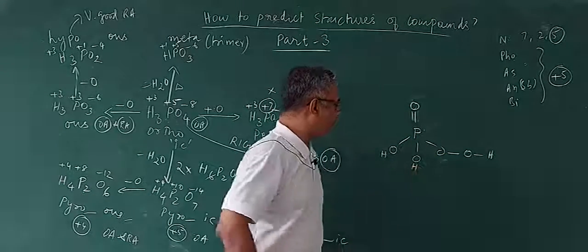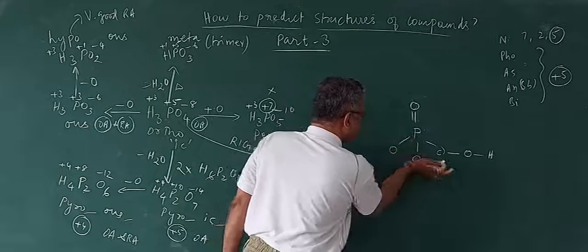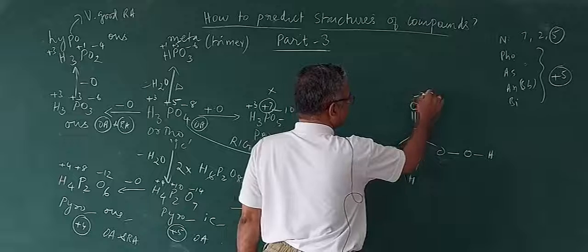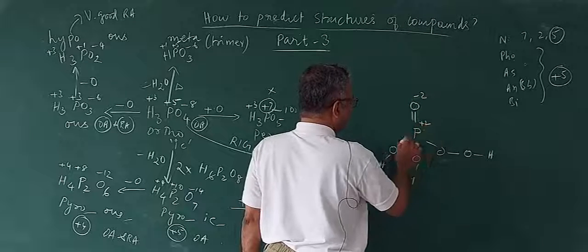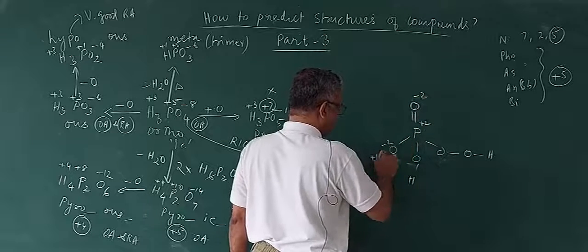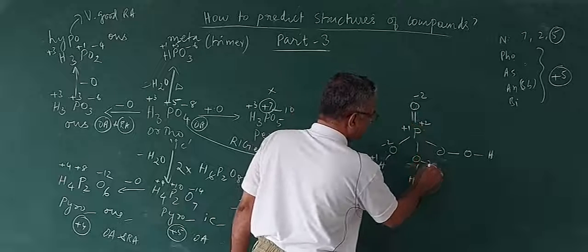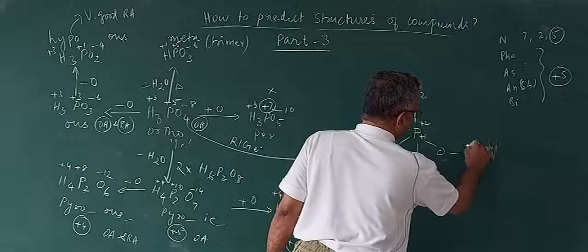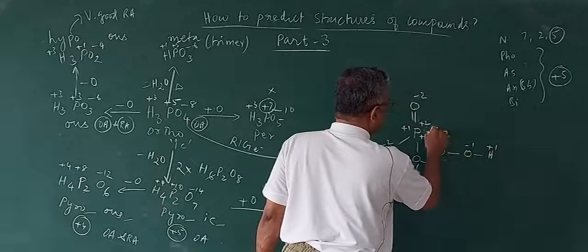Now we have to do the oxidation number separately. We will write it like this. So, this is -2, this will become +2. This is -2, +1, +1, -2, +1, +1. So, this is +1, -1. So, this will be -1, +1.